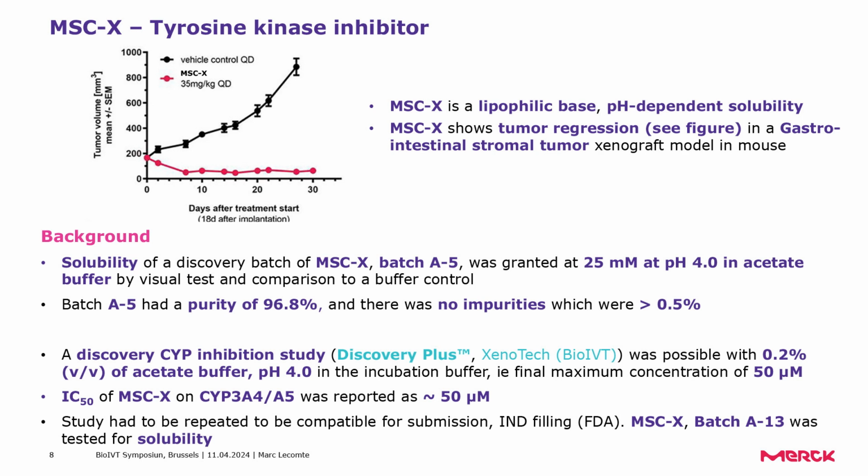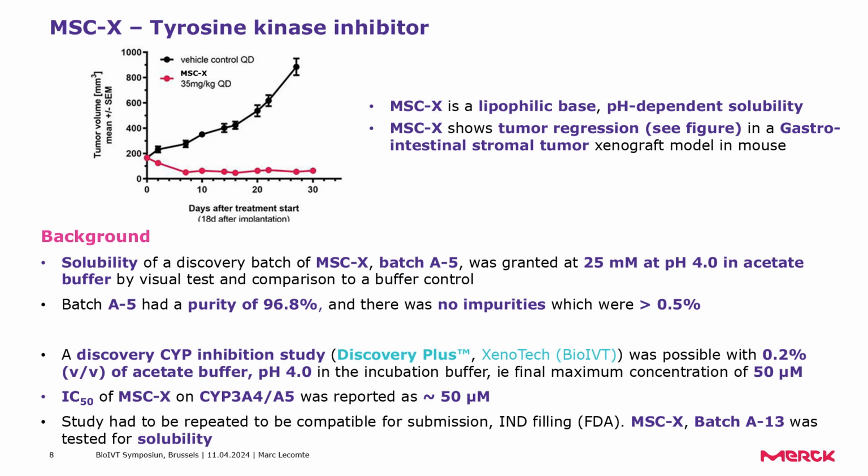So I was the monitor of a study, which is a discovery CYP inhibition study over the 7 CYPs, which are the usual ones dealing with drug metabolism. And it's a Xenotech special study which is called Discovery Plus.